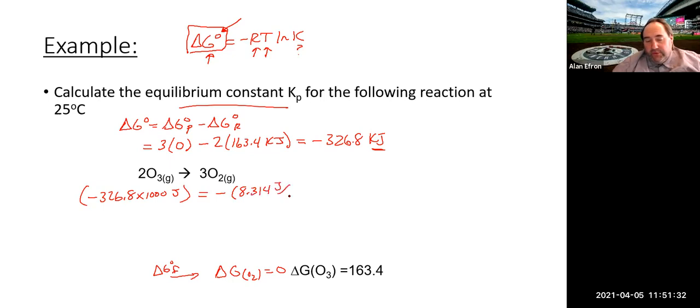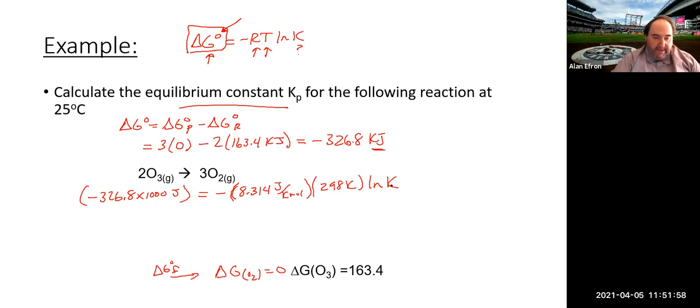That is in joules. Remember, in these thermodynamic calculations, you got some things with joules, some things with kilojoules, so you want to make sure unit-wise everybody's on the same page. Temperature there, we need to add 273 to it, gives us 298 Kelvin, and that's going to give us the natural log of K. Going to multiply on the right there and then divide that over to the left.